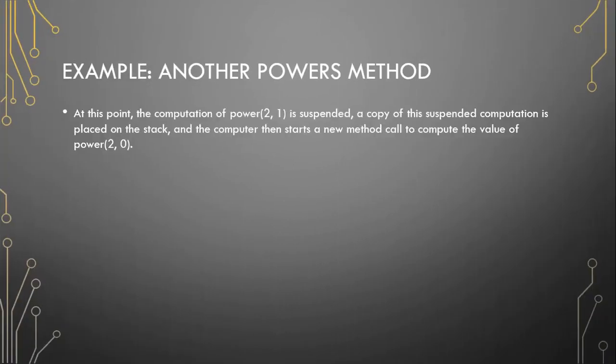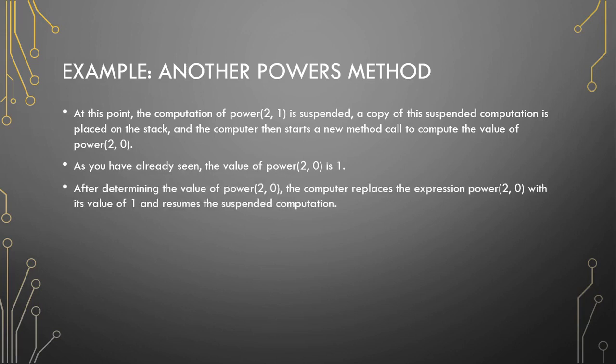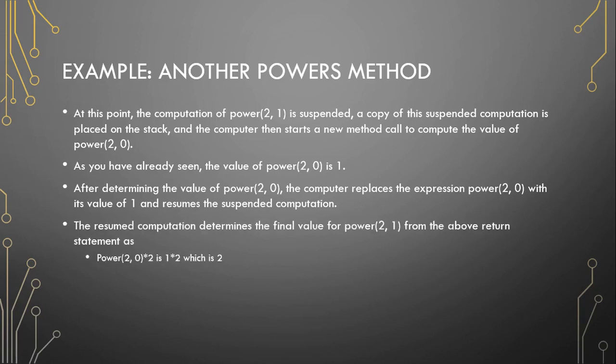At this point, the computation of power 2, comma 1 is suspended. A copy of the suspended computation is placed on the stack, and the computer then starts a new method call to compute the value of power 2, comma 0. And as we have already seen, the value of that power is 1. So after determining the value of power 2, comma 0, the computer replaces the expression 2, comma 0 with its value of 1 and resumes the suspended computation.